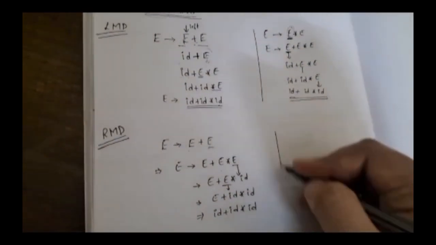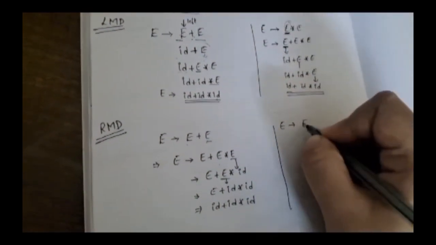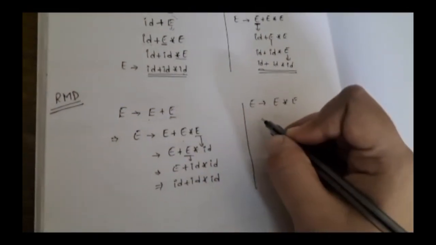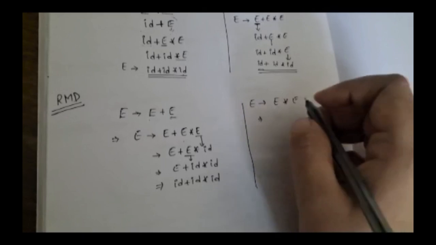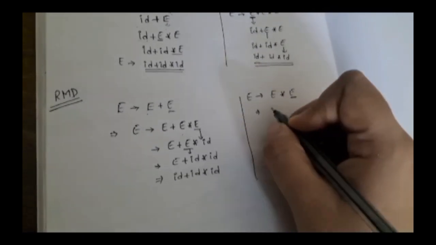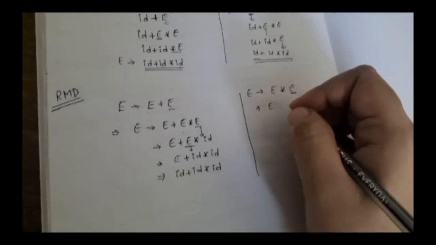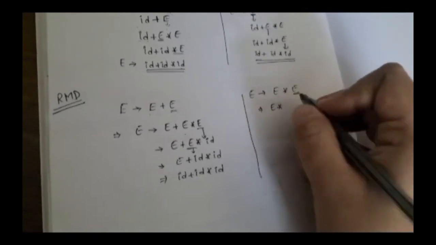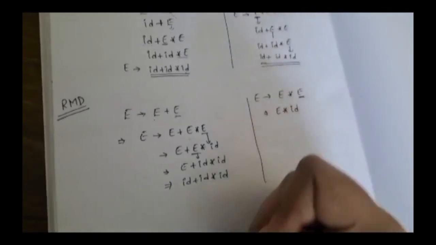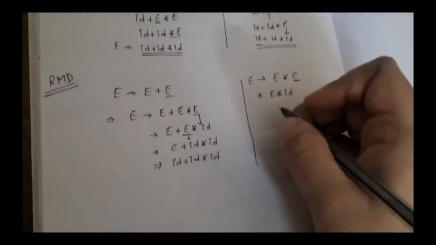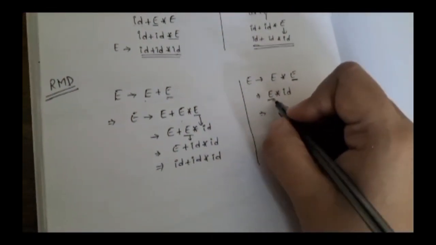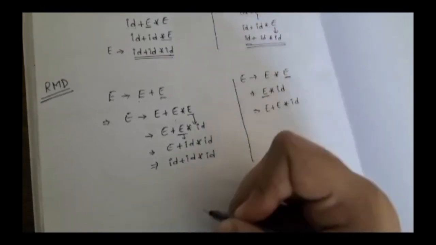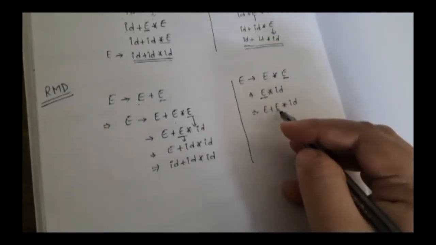Okay. Now let's see, can we do it again with star? Yes, we can do it. The rightmost side itself we have to take. So I'll keep E as it is, and in place of the other E, I'll substitute ID. Then in place of this E, I'll substitute E plus E star ID.